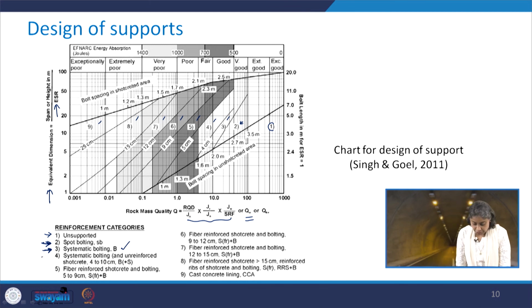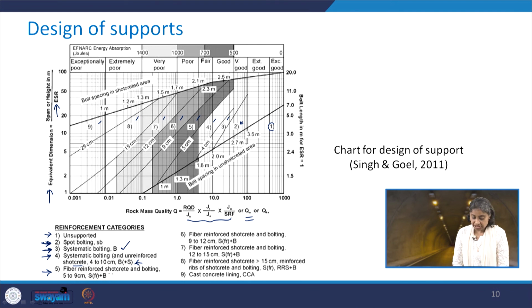Then the fourth category of reinforcement is systematic bolting and reinforced shotcrete. This is represented by the symbol B and in bracket plus S. Then the fifth category is fiber reinforced shotcrete and bolting.